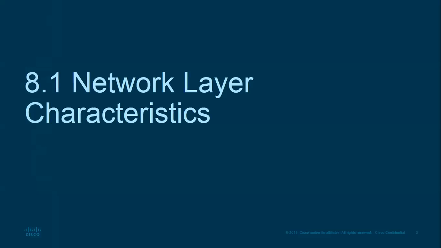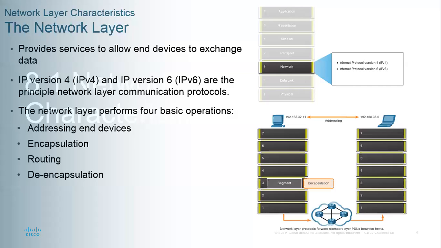We start with network layer characteristics. A network layer, as we saw previously in the OSI reference model, has multiple roles, and the TCP/IP model, which is relying on the OSI reference model, kept part of the functionality of the OSI network layer.